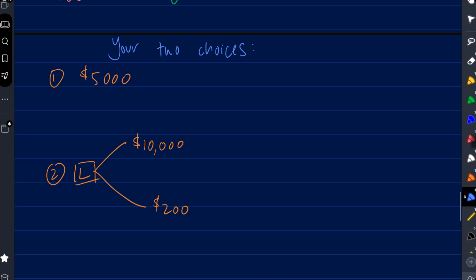One is just to take the $5,000 or to enter a lottery where you have some chance of getting the $10,000 and some chance of just getting the $200. And so what you need to do is find the probability of winning the lottery that would make you indifferent between these two choices, between the 5,000 and the lottery between 10,000 and 200.